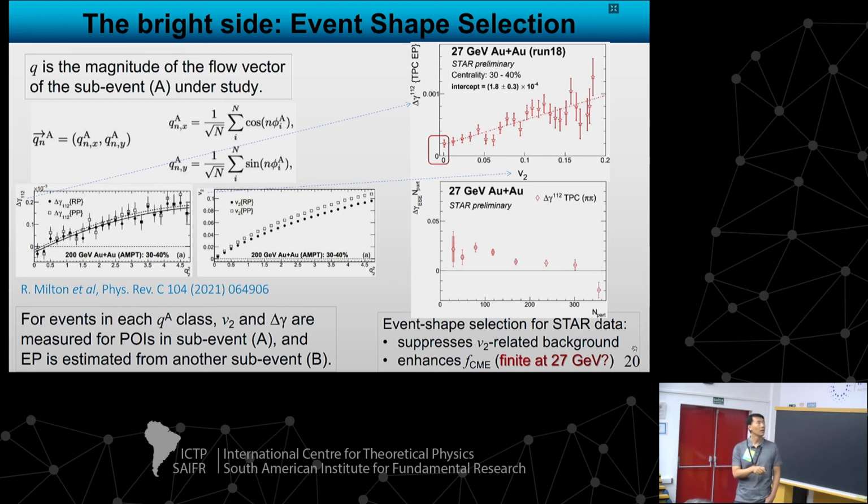The right figure shows an example of the STAR data. When they use this method on 27 GeV gold, they do have a finite intercept. So that's a promising signal. As a function of centrality or multiplicity, there seems to be some finite signal, although we still need some further investigation on the origin of this.